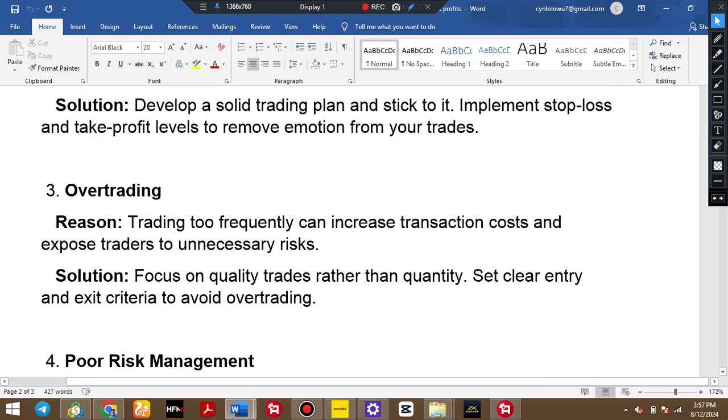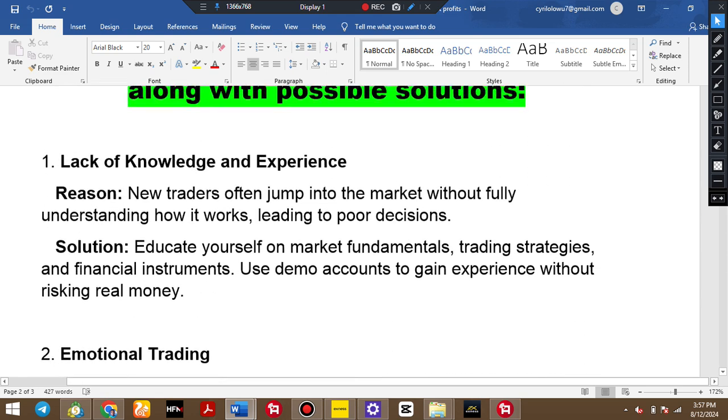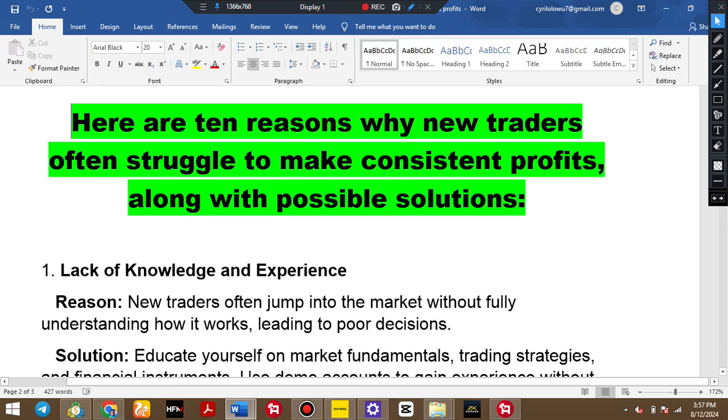Then out of these 10 possible reasons why new traders or traders in general cannot make consistent profit, if you find yourself in any of these acts, then please try and amend. Then you'll see in due time you start having a good change, and then there will be positive result.